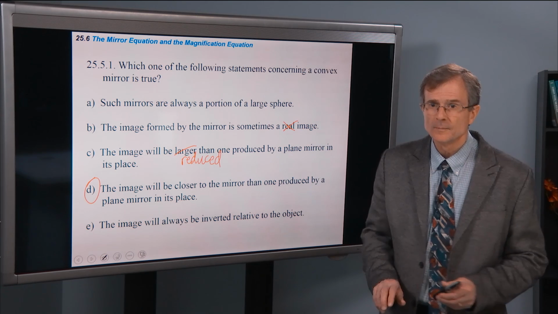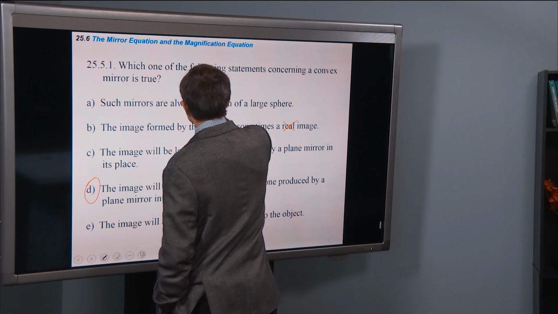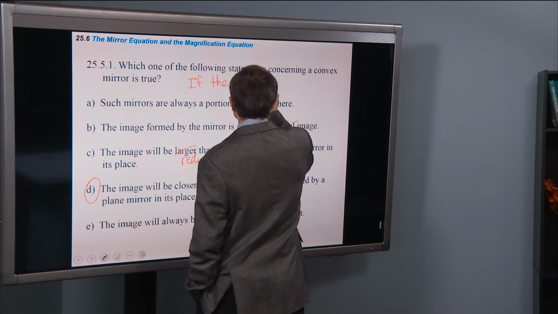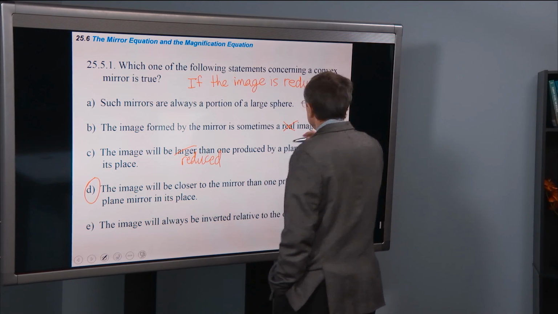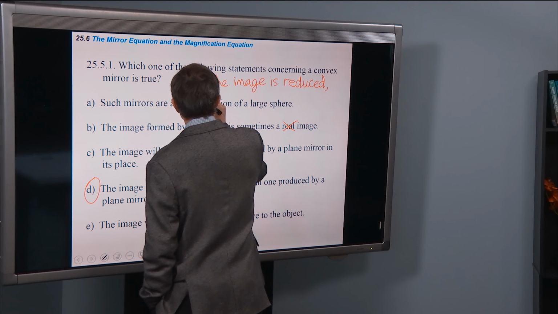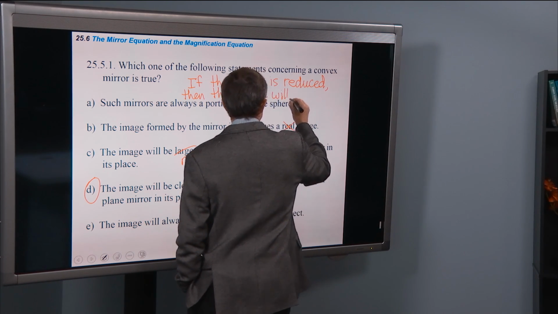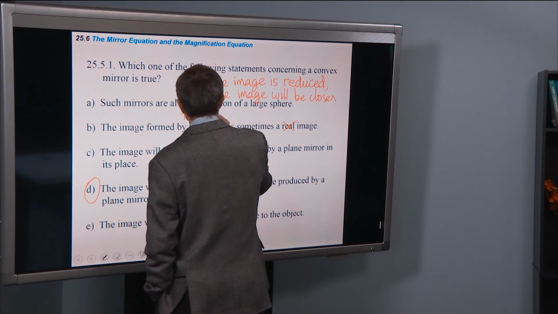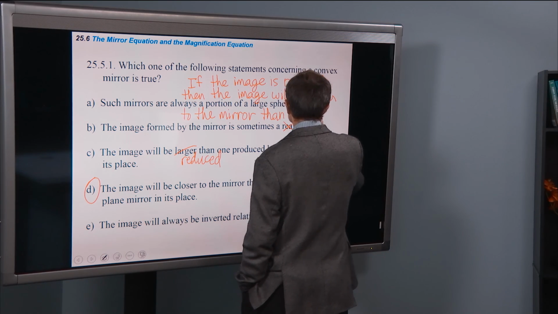So let me just state that. If the image is reduced, and this is true for convex, concave, whatever, then the image will be closer to the mirror than the object.